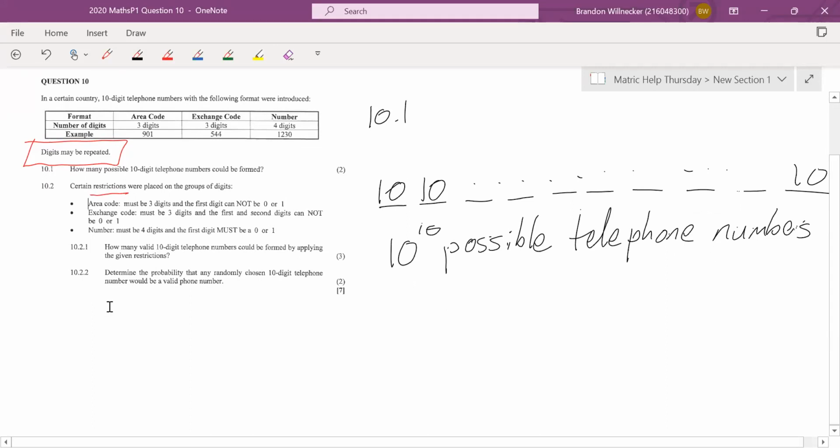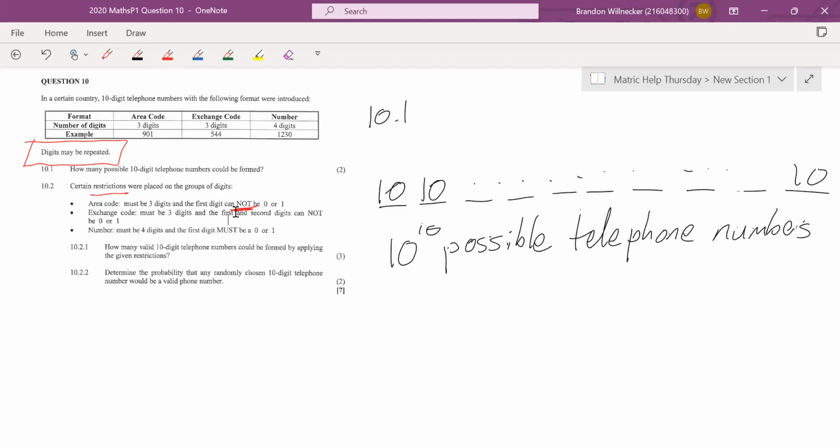Okay, the area code must be 3 digits, and the first digit cannot be 0 or 1. So let's highlight that. It cannot be 0 or 1, which means we have the other available digits. So we're excluding those.